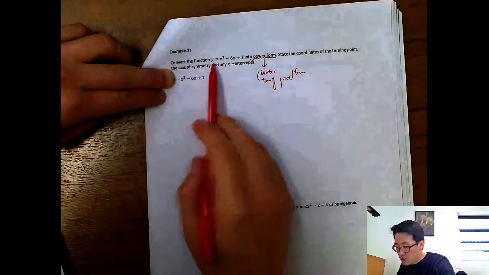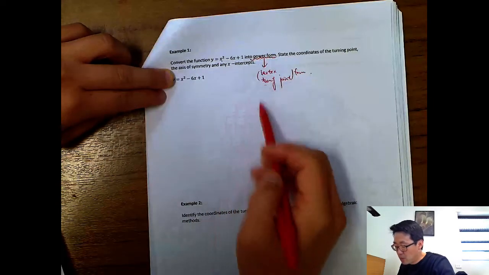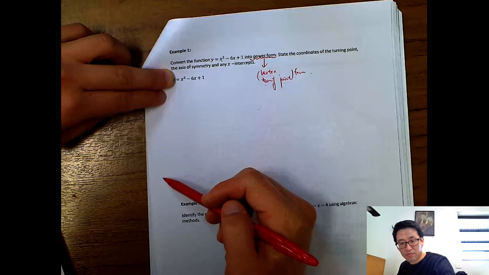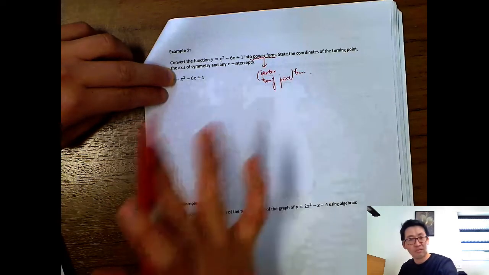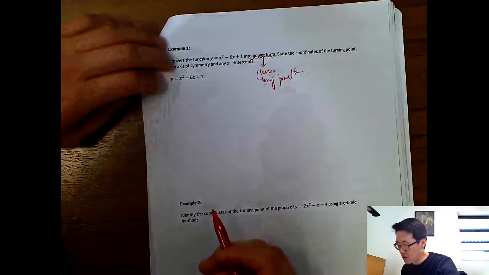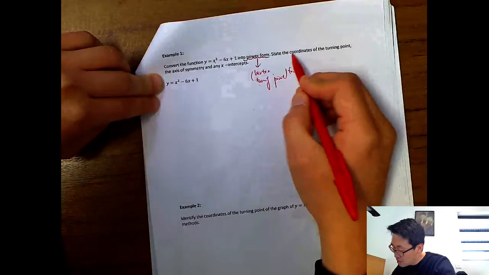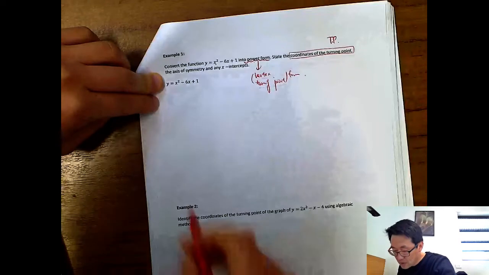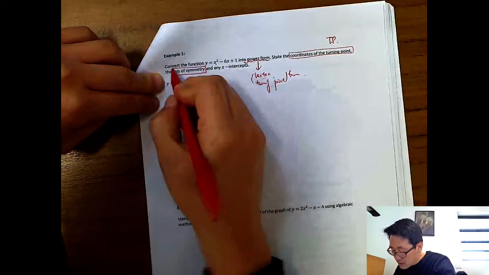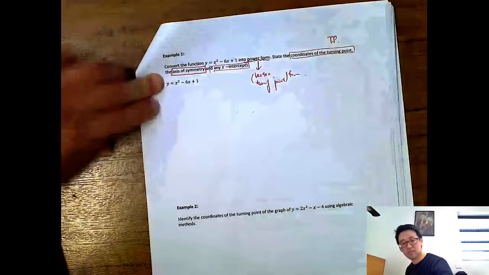How can we convert this to turning point form or vertex form? Completing the square. Excellent. Imagine I'm in front of you. We just try to mimic our class. State the coordinates of the turning point. You get the TP and axis of symmetry. Good. And any x-intercepts.